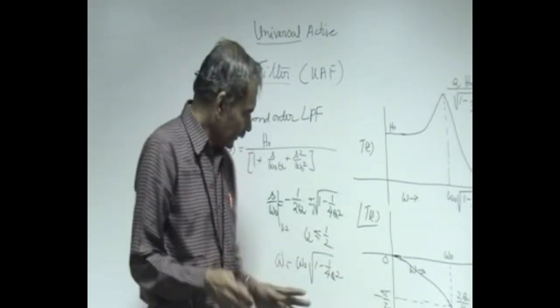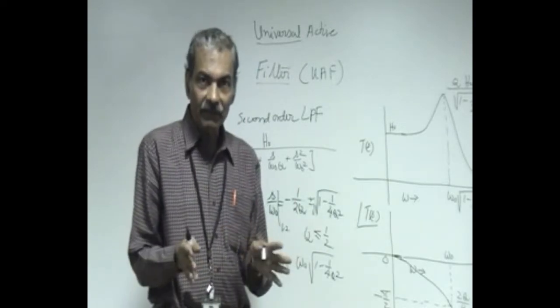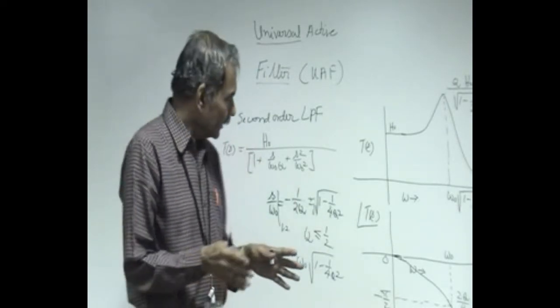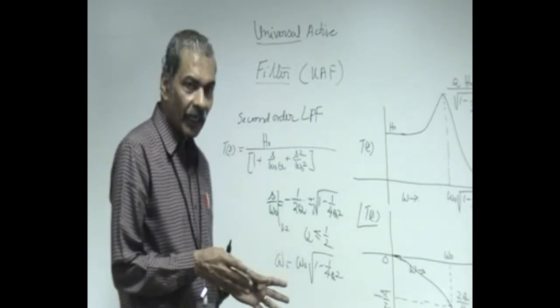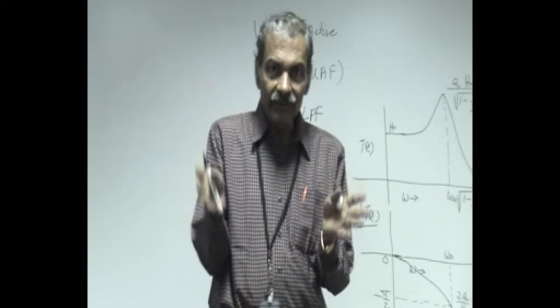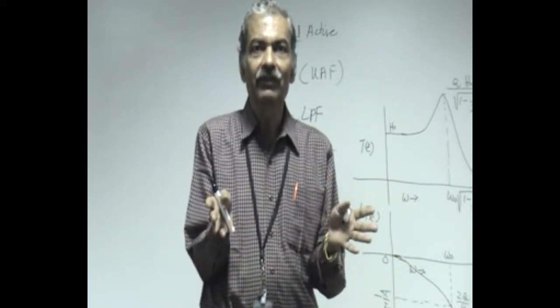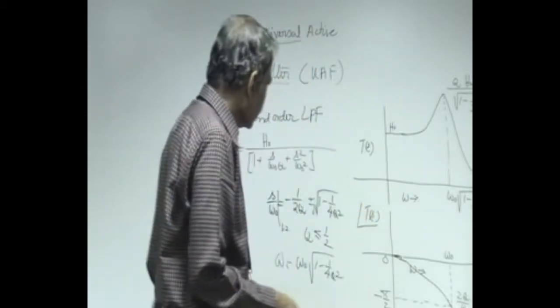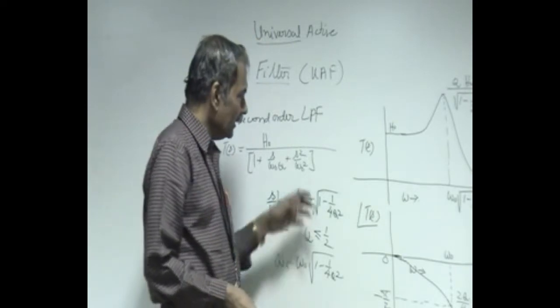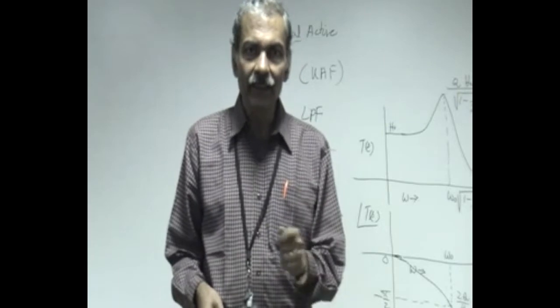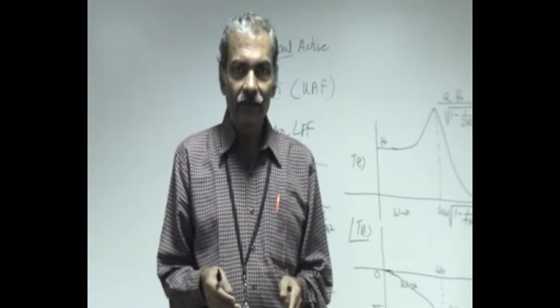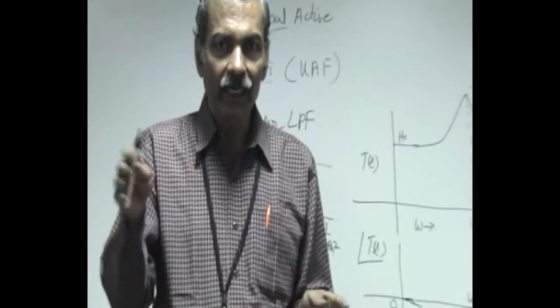When Q is very high, it is almost equal to the natural frequency of the system. So it starts ringing very near to the natural frequency when Q is very high, and the number of such rings which are visible will be equal to the value of Q. We can see this by subjecting this low pass filter to a step response and seeing how many such peaks are visible.